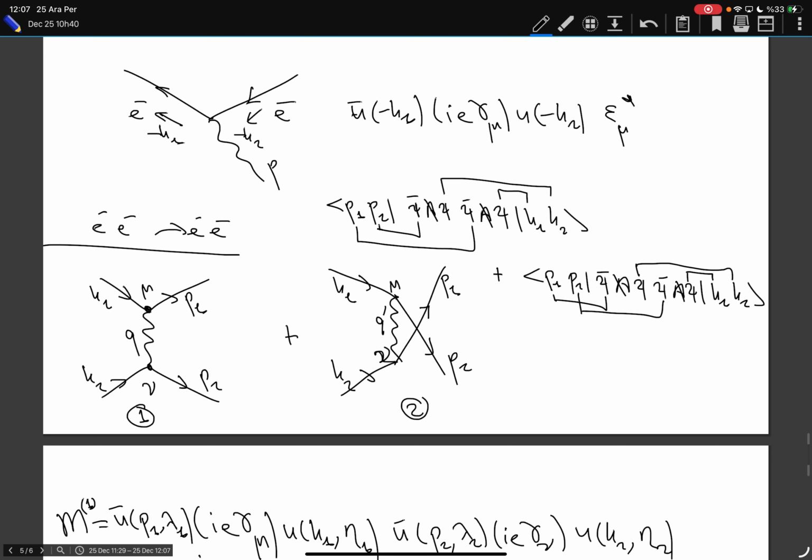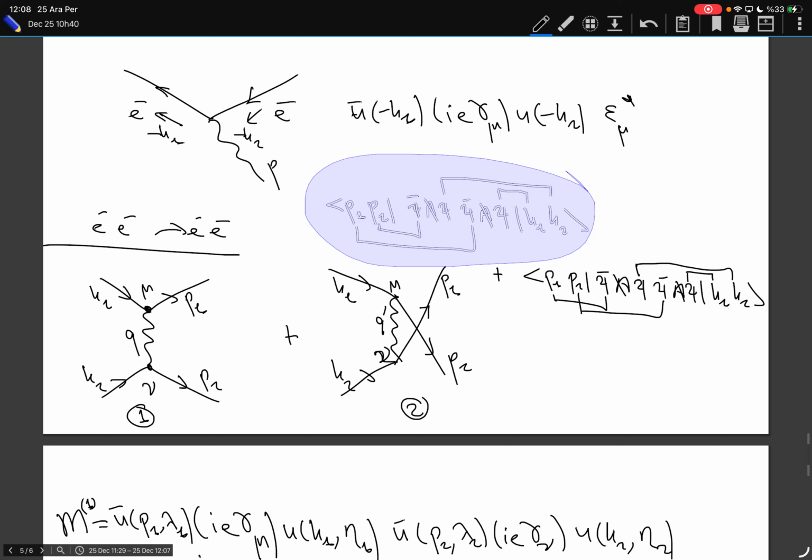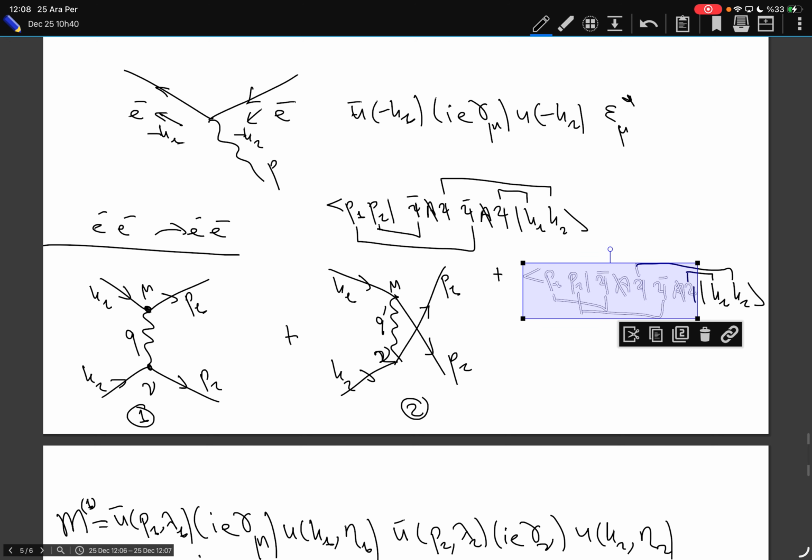Yes, these two contributions. I have in total 4 contributions. The other two give contributions identical to these ones, which cancels the 1/2 factorial in the expansion of the exponent. Now, if you look at these terms and these contractions, they are practically identical if I exchange P1 and P2 in the bra.